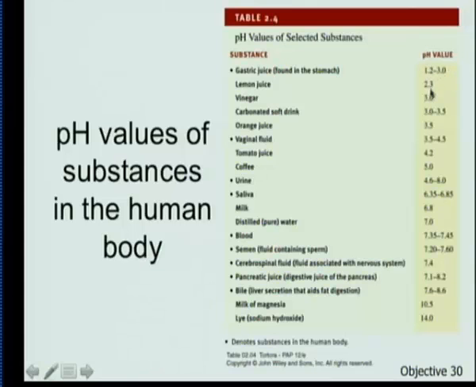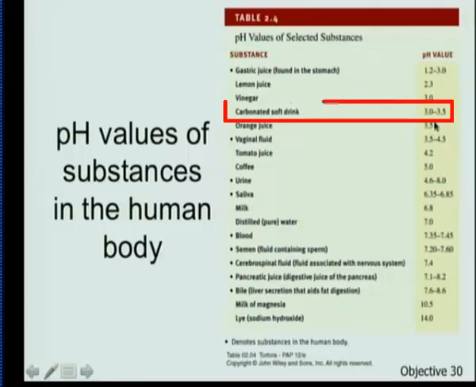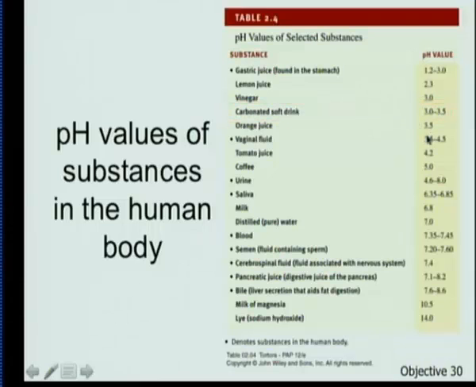Lemon juice, 2 to 3. Vinegar, notice this is kind of interesting. This will be reflected in the next concept we discuss. Notice how acidic soft drinks are. If you measure the pH of Sprite or Coke, you're right around 2.6 to 3, even a little more acidic than orange juice.